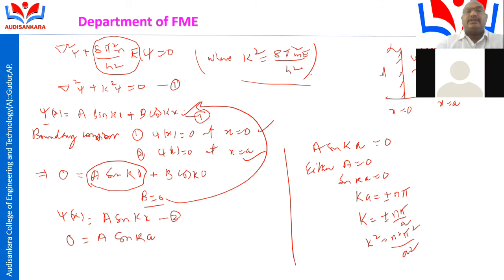So here the k square value is 8 pi square m E by h square. Here the k square value is n square pi square by a square. Both values must be equal.